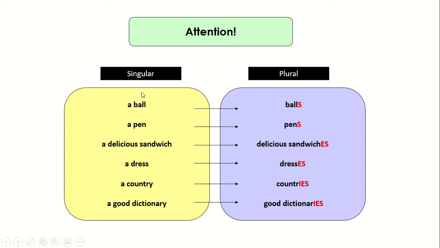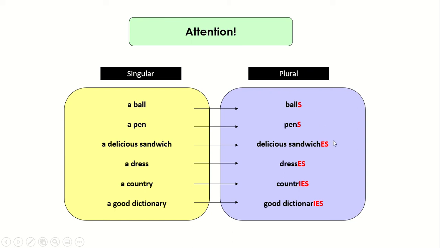So what we notice here is that in the singular we have a, or sometimes an. If it is a word like egg, we say an egg. But here we don't have a or an in the plural, في الجمع.